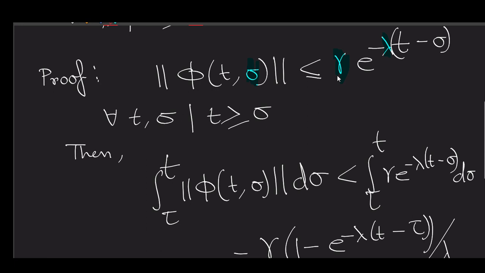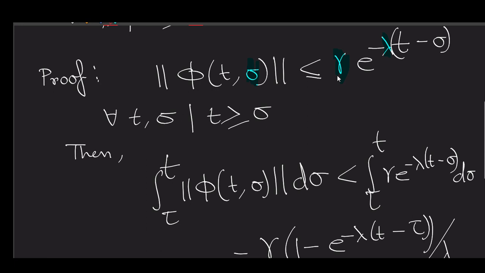But if it is uniformly stable and uniformly exponentially stable, that means the system obeys certain bounds, and those bounds or equations are independent of initial condition.